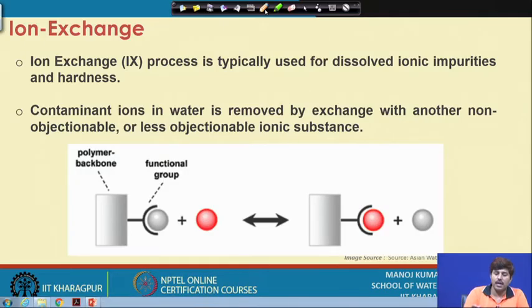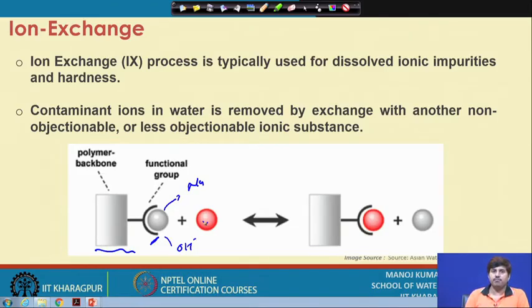What eventually happens in an ion exchange system is, we have a polymer backbone with a functional group, and the original resin comes with some ion attached to this, which is not that toxic. So, let us say you have sodium attached here, or you have an OH ion attached here, and the red thing is your contaminant which you are willing to remove.